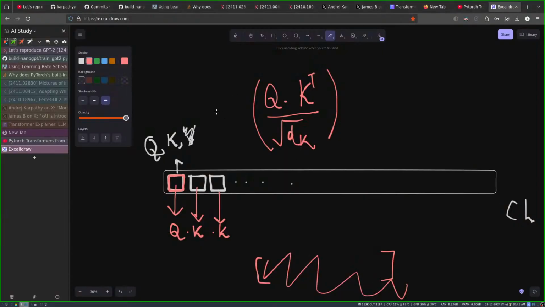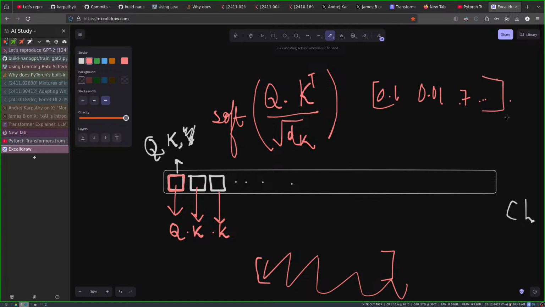Now we take the softmax of the score. We make it into probabilities. So we'll have an array which will give the probability of each word attending to our query.